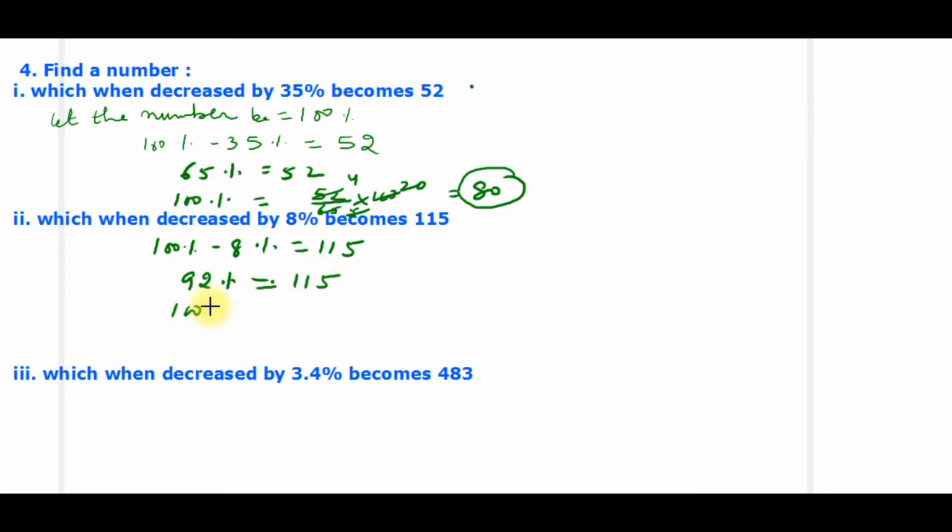Therefore 100% would be 115 upon 92 multiplied by 100. 23 4s are 92, 23 5s are 115, 4 25s are 100. So the number would be 125.